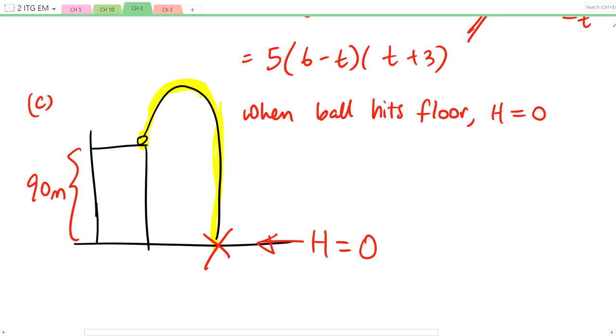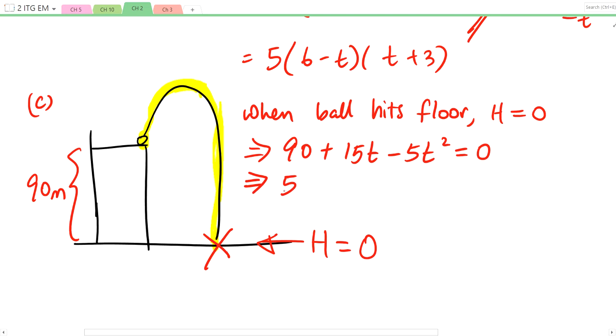No, we don't need to, but I'm writing it so that you know why I let h be equal to 0. So this tells me that 90 plus 15t minus 5t squared equals 0. And now we have to solve this. We use what we had in part B, which was factorizing. This tells me that 5 times 6 minus t times t plus 3 equals 0.